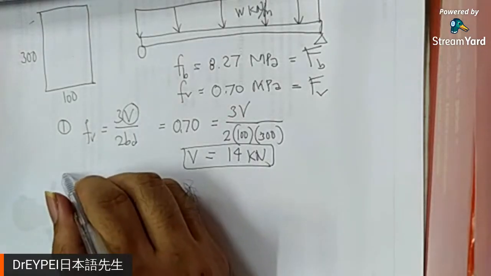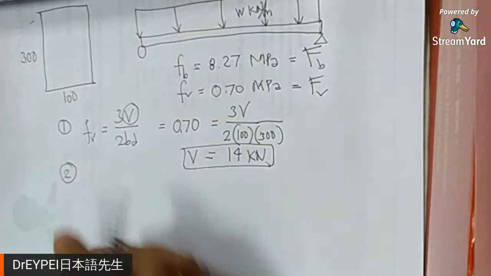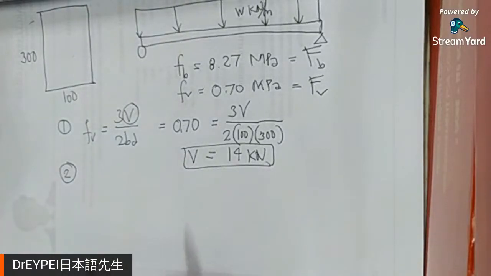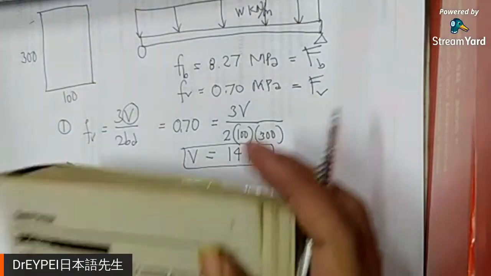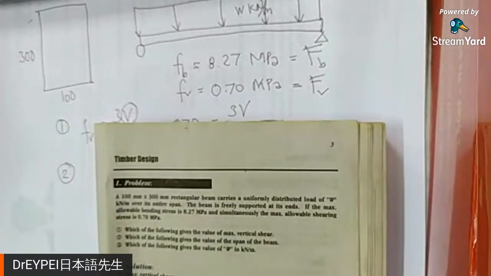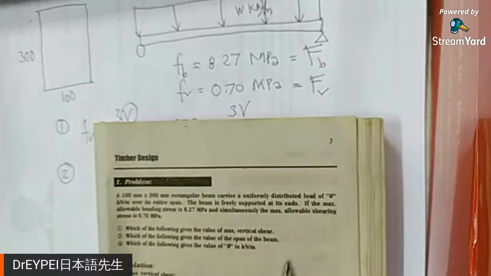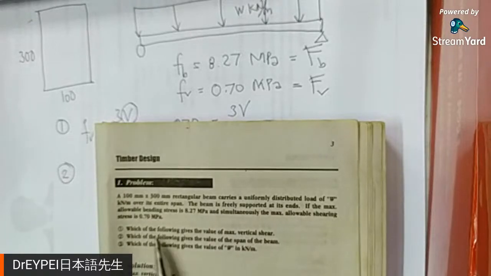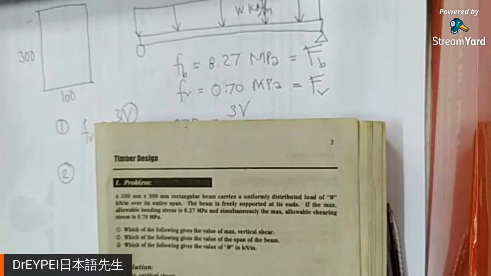Okay. Kung ganun pala, you have to go to number 2. Which of the following gives the value of the span of the beam? This problem are actually board exam questions. Kaya may mga which yan kasi may pamimilian.